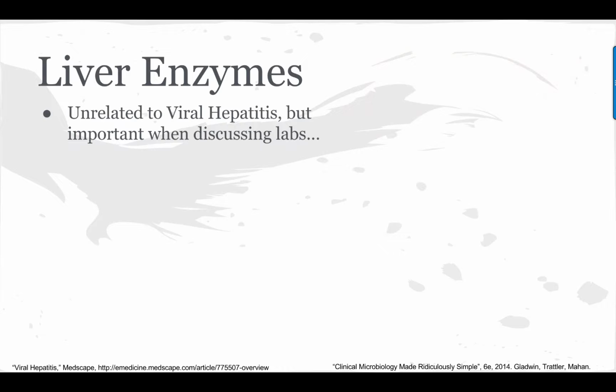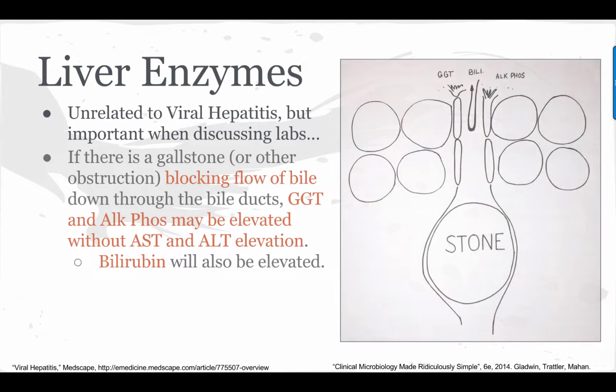Okay. Unrelated to viral hepatitis, but also very important, is if there is a gallstone. So here are our hepatocytes and the biliary duct. If we get a big gallstone that falls out of the gallbladder and gets stuck and lodged within this tract, obviously bilirubin's not going to be able to escape, but it can cause an increase in pressure in the biliary tract right here above the stone, which may cause damage and injury to the epithelial cells that line the biliary tract.